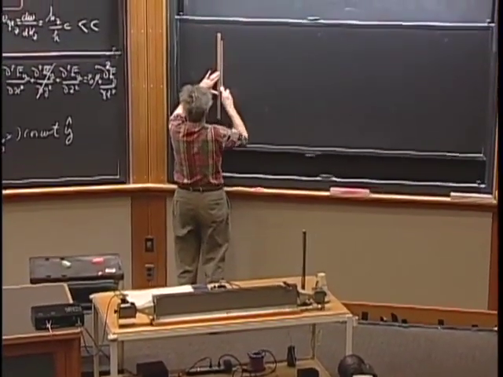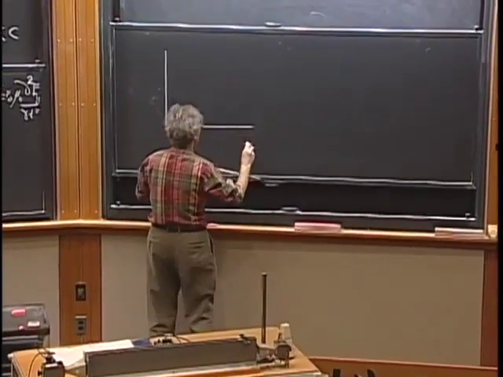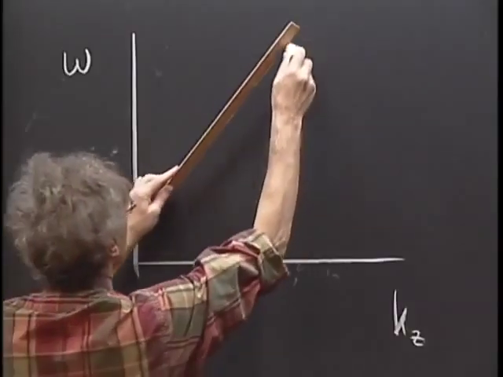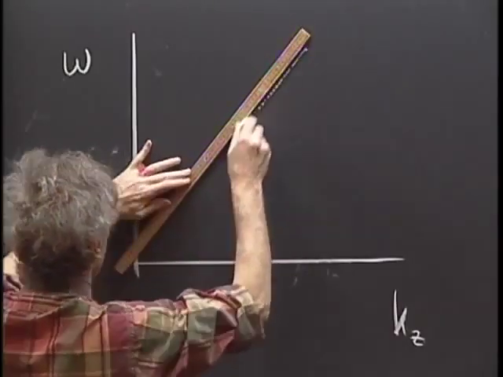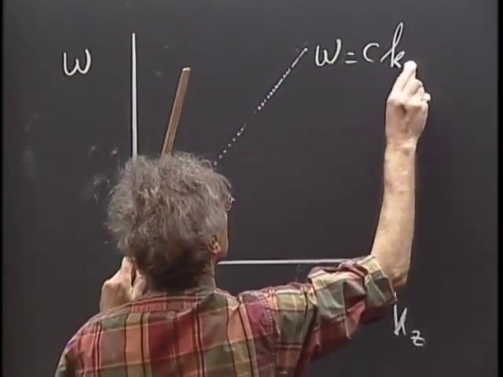So I'm going to make a new plot, otherwise it becomes too confusing, too many lines: kz and omega, and here is your non-dispersion line, omega is c times k.